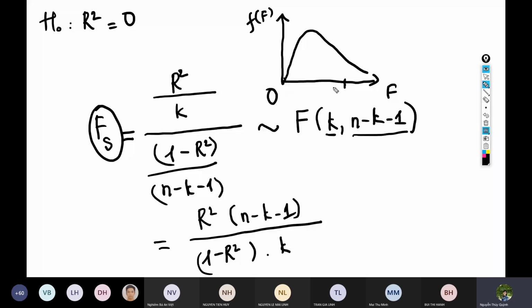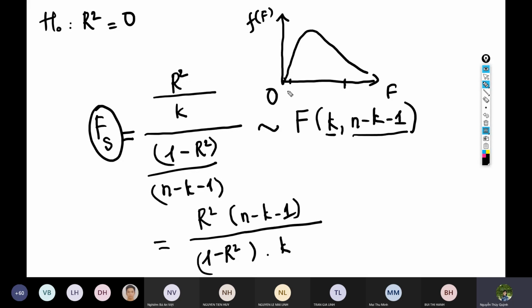Okay, it must be far away from 0. It must be very different from 0 so that we can reject our null hypothesis. But if the observed value of F is close to 0 like this, then we cannot reject the null hypothesis at all.